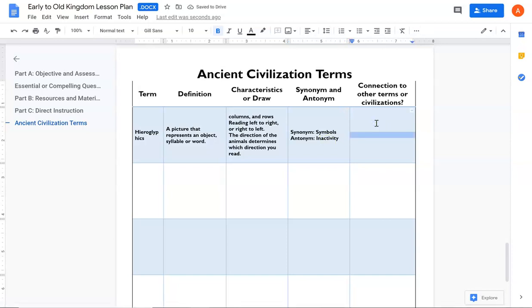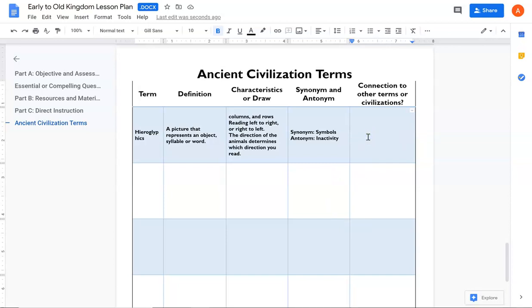Okay, and then we got to think about the connections to the other terms that we're going to use, or the civilization. For this one, I'm going to go ahead and give it to you, but when we go through the rest of the PowerPoint, I want you to pay attention to what connections we can make between the other terms.